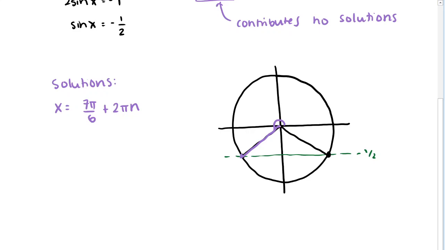And then we get solutions at this angle out here, and that would be, well, you can read it as negative pi over 6 plus 2 pi n, or 11 pi over 6 plus 2 pi n, right? 30 degrees shy of the full rotation of our circle would bring us a 30, 60, 90 triangle in that position there, with the shortest side length being the y-coordinate in the negative direction.